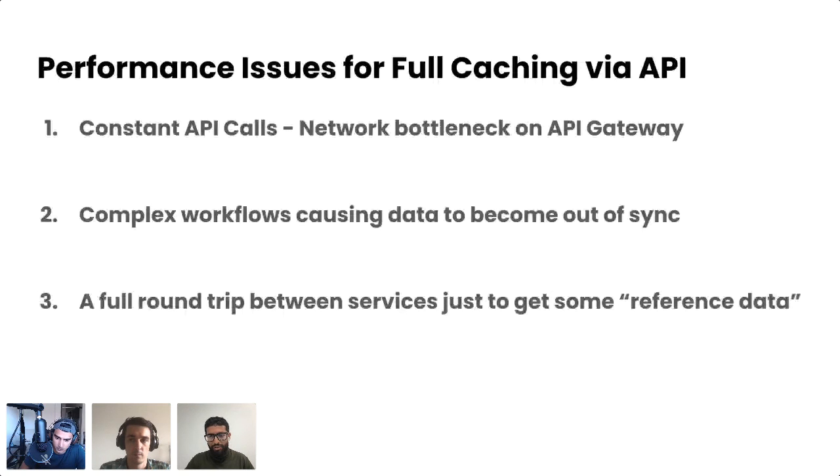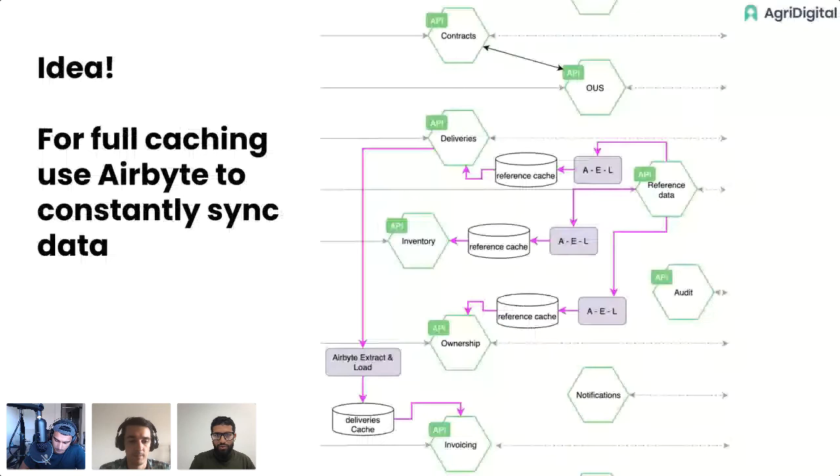So one of the ideas that we're proposing and looking at is how do we embed Airbyte in between our services, so that instead of having the logic of data transformation or data calls between one service and the other at the service level, we're actually making it happen at the data level.